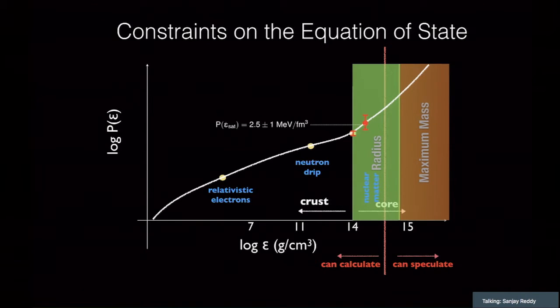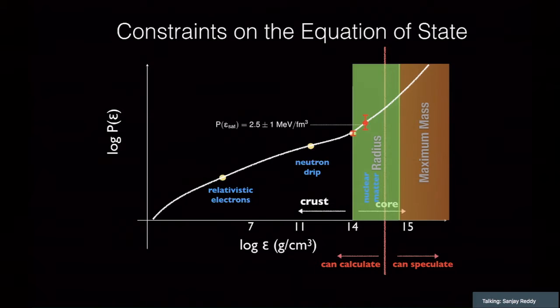So at 10^14 grams per centimeter cubed, the error in the calculation of the equation of state is surprisingly small, because at these densities, we know that two-nucleon interactions dominate, and these two-nucleon interactions are very well constrained by data. This is also a density region in which the hierarchy of many-body forces we expect to converge very well.